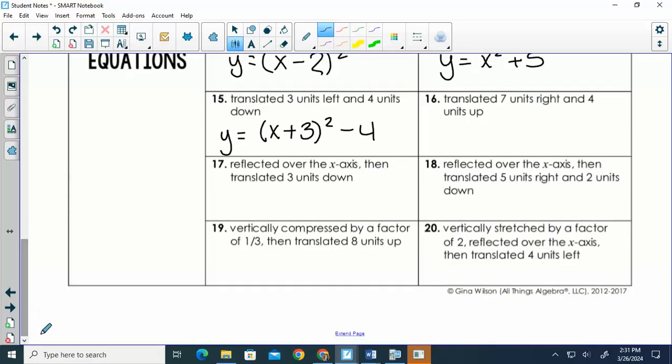Let's look at 17. Reflected over the x-axis. What makes it flip? A negative in front. Then translated 3 units down. What makes it go down? Minus 3 on the outside.